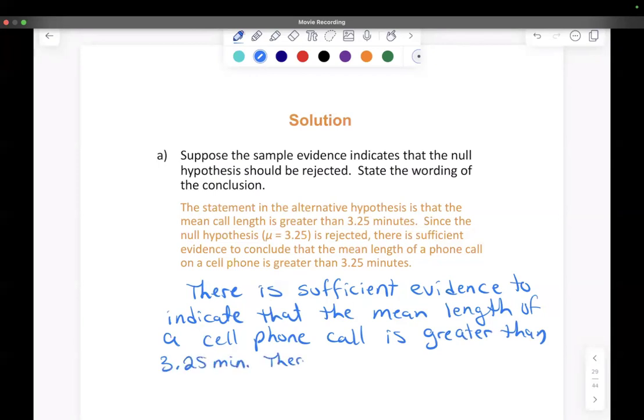Therefore, we fail to reject. Wait, we reject, sorry. We reject the null hypothesis.